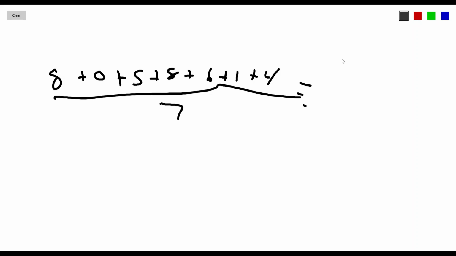That should give you 32 over 7, which gives us a MAD of 4.6.